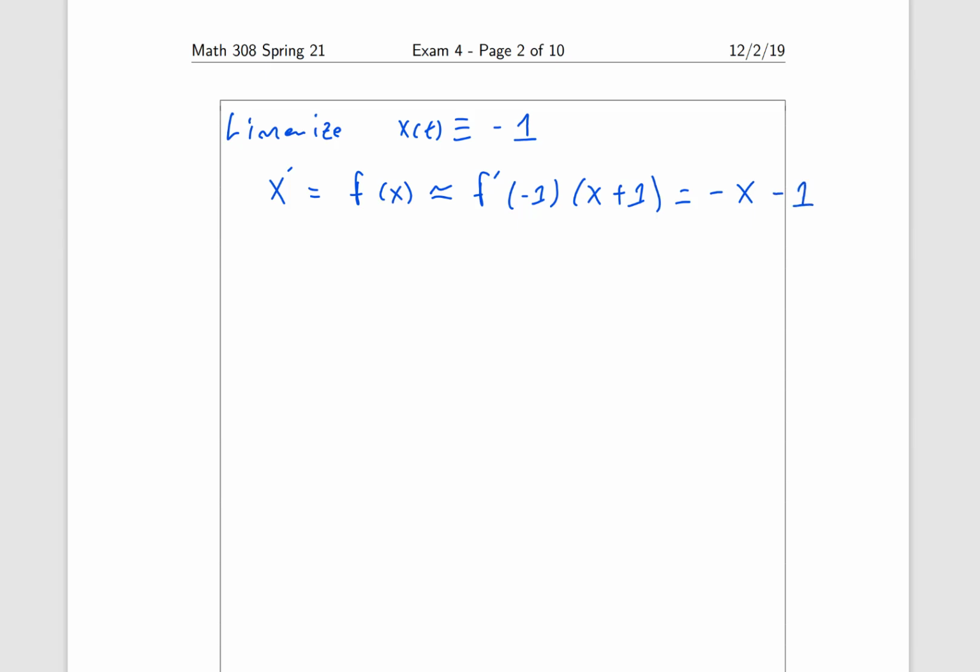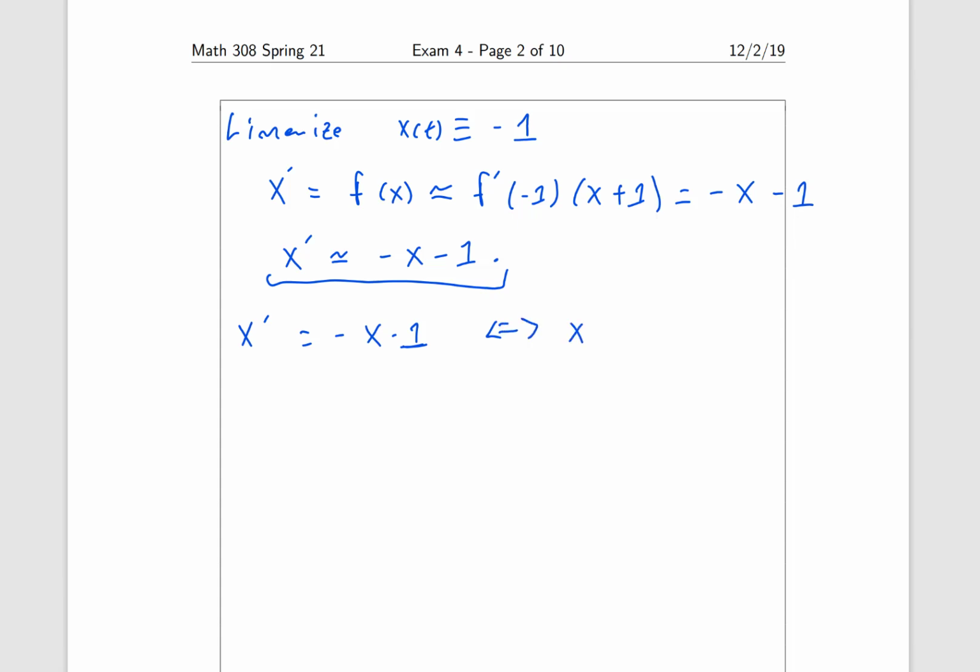Okay, so what it says is that if x of t is a solution to the differential equation, and x of t is close to minus 1, then x prime is approximately equal to minus x minus 1. And now we're going to solve this differential equation. If I solve x prime equals minus x minus 1, probably the best way to do this is integrating factors.